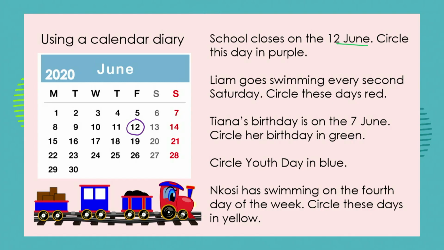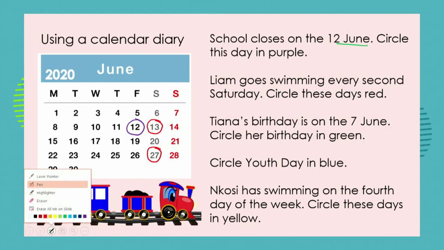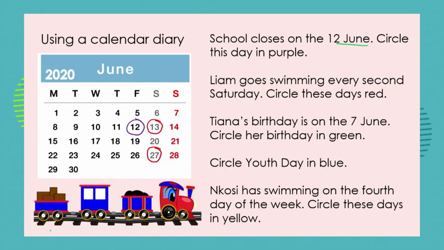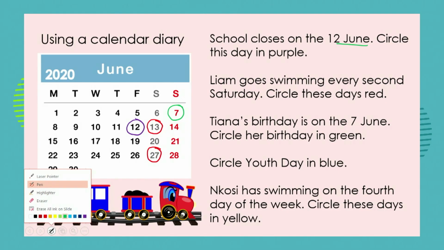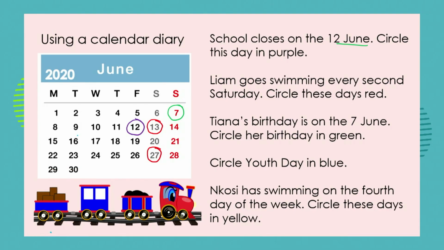So we will miss the 6th, so the Saturday of the 13th and the 27th. Tiana's birthday is on the 7th of June. Circle her birthday green. So the 7th of June is going to be a Sunday. Youth Day is going to be on the 16th of June. So we need to circle that in blue, which is a Tuesday.